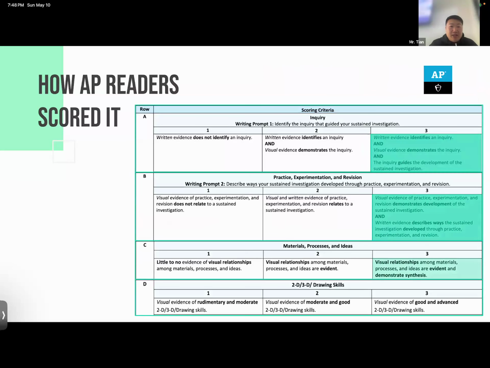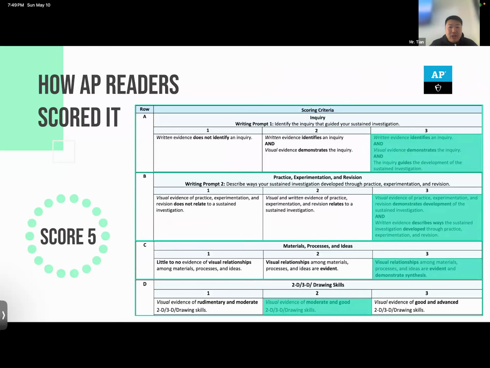Now let's compare this portfolio to the official AP scoring rubric. As you can see on this page, this portfolio reached the highest level, which is 3, in row A, row B, and row C. This means the inquiry is clear, the experimentation and revision are strong, and the visual relationship works very well together.